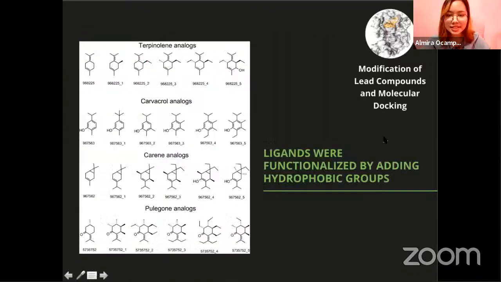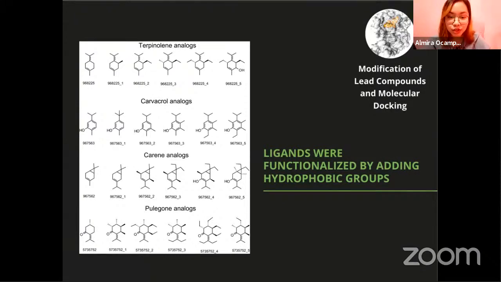Okay, next slide, please. So, using the findings from ensemble docking and 3D QSAR analysis, the four top hits were functionalized or edited as shown in the figure. So, since both docking and 3D QSAR analysis showed that the interaction is mostly hydrophobic in nature, different hydrophobic groups were added. So, nagdagdag tayo ng hydrophobic groups para tumaas yung pag-bind nila.